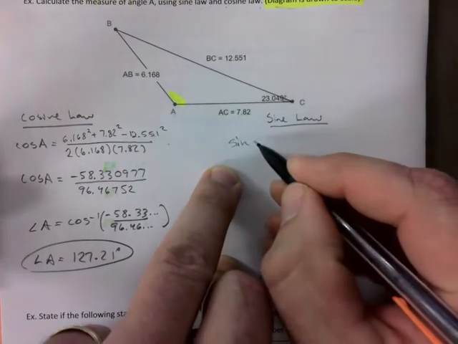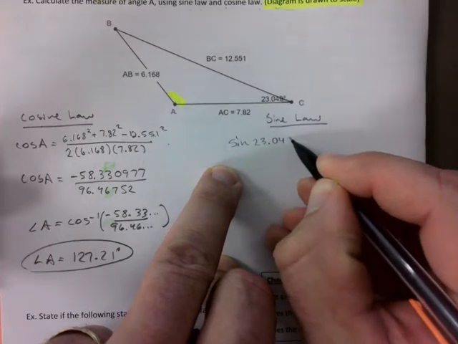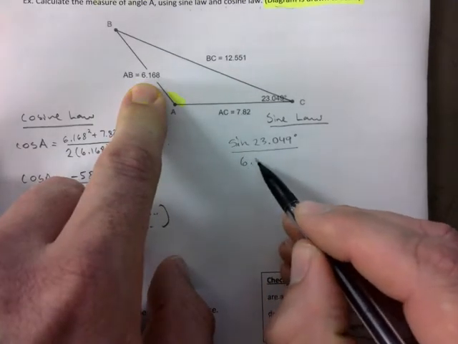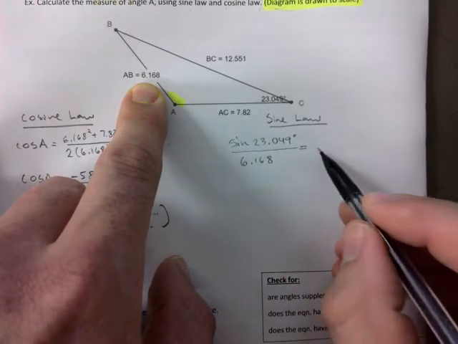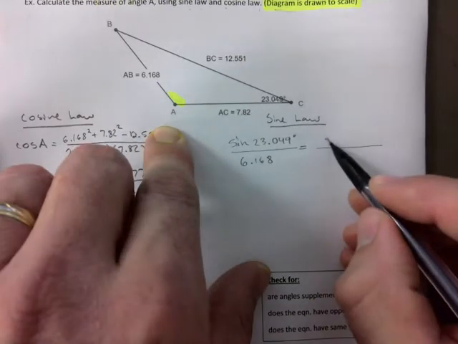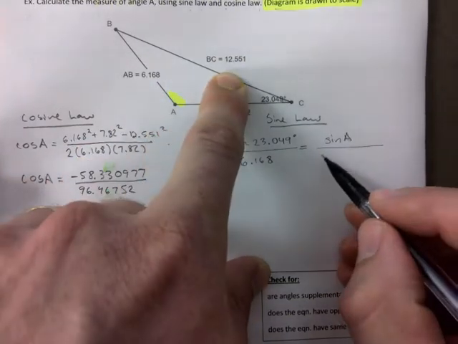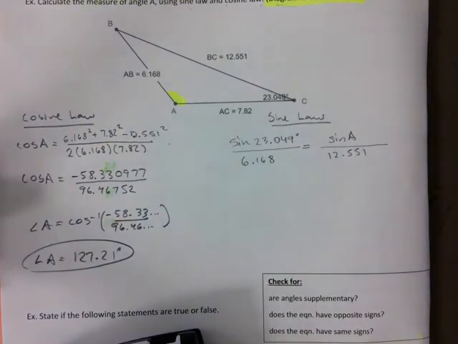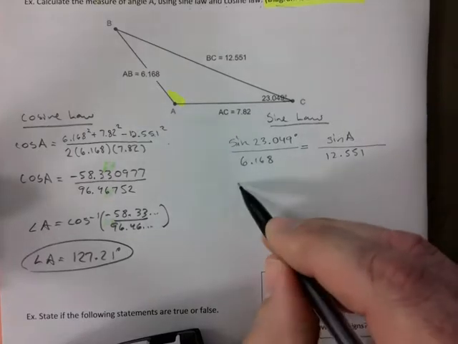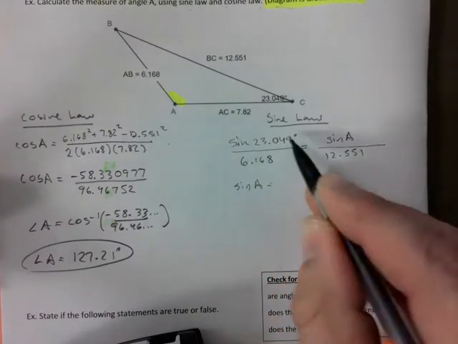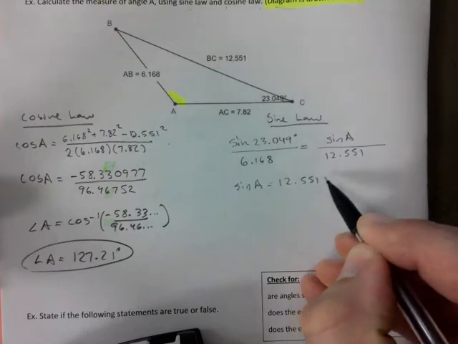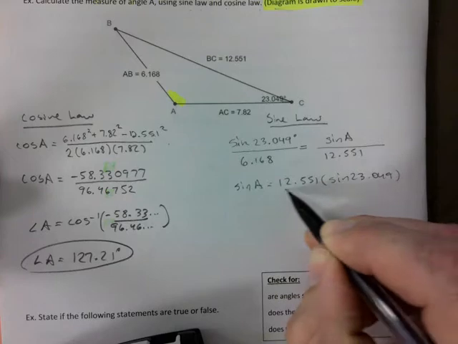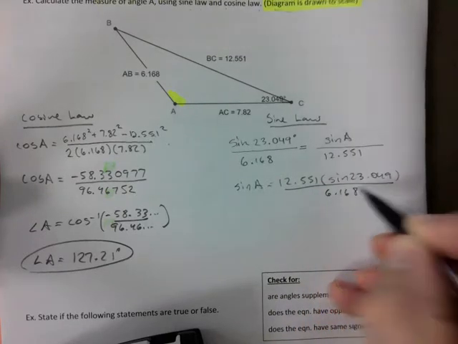So let's go ahead. Sine of 23.049 degrees. I know it's hard to see, but that's what it says there. Over 6.168 is equal to sine of A over 12.551. So then sine of A will be cross multiplied there, divided by 6.168.